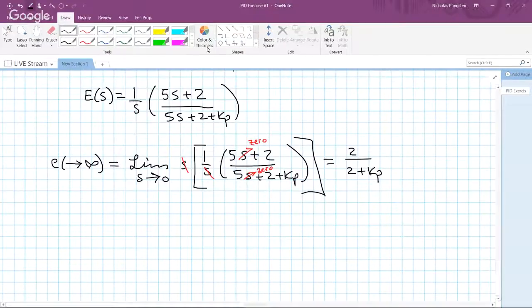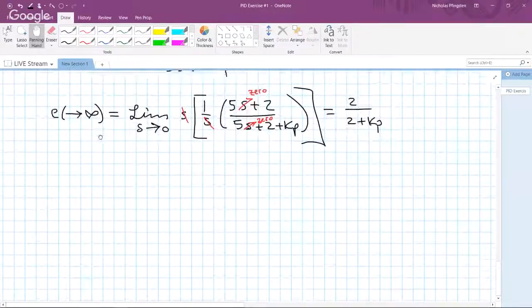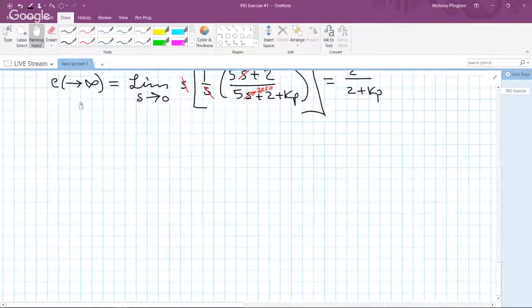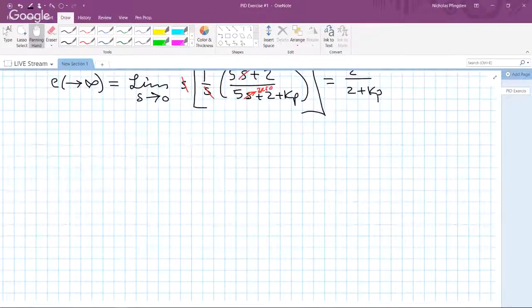So since we do not want this to be greater than 0.05, we're basically just going to do an inequality.